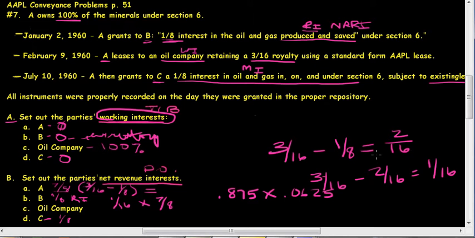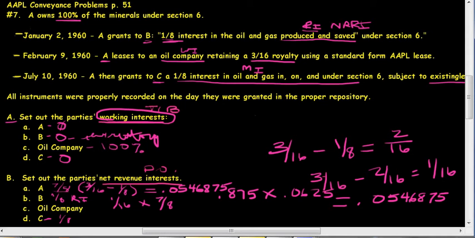And then if I calculate that out, 0.875 times 0.0625 is going to give us 0.0546875. So that is what her net revenue interest is. This is her decimal interest that's going to appear on the company's division order pay sheet. Okay, that was a little bit trickier.